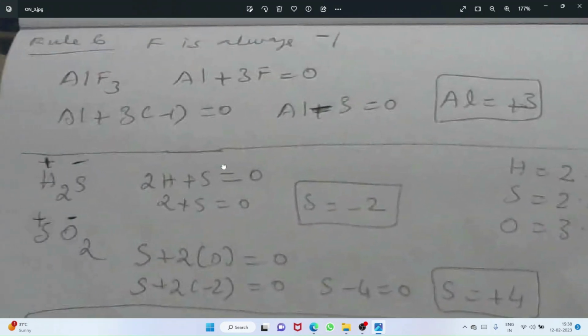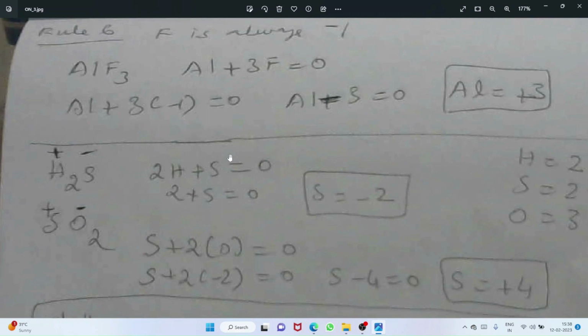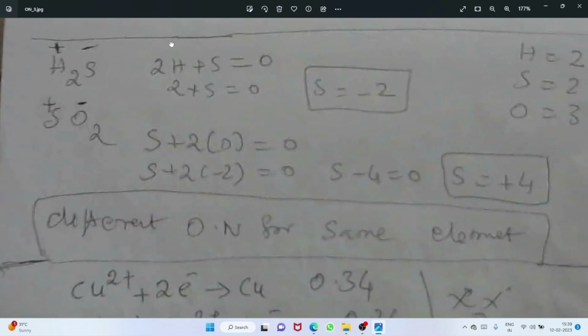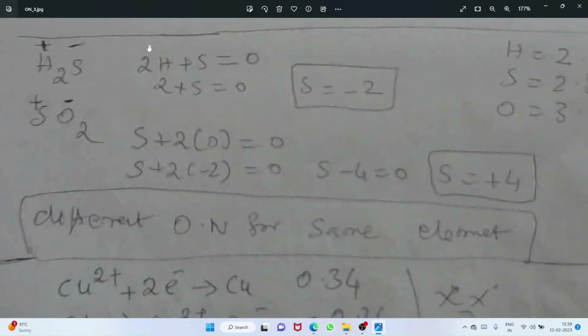As I said, fluorine is always negative one. So in this compound, AlF3, you substitute negative one for the fluorine, then Al will have the oxidation number of positive 3.